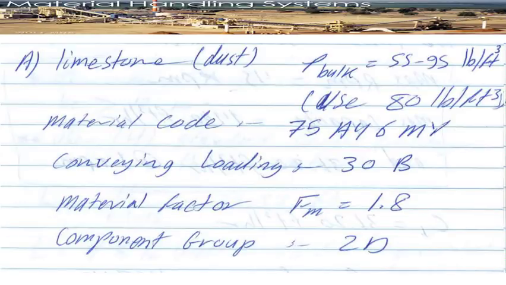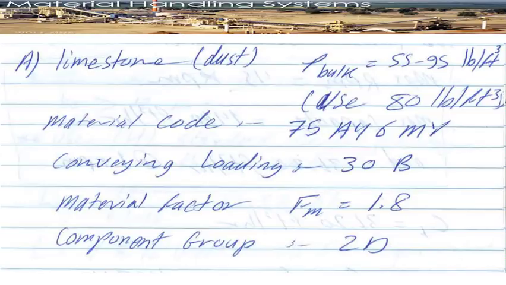So first we have to go to the property table. For the limestone dust, the bulk density is 55 to 95 pound per cubic feet, and in this solution we are going to use 80 pound per cubic feet.